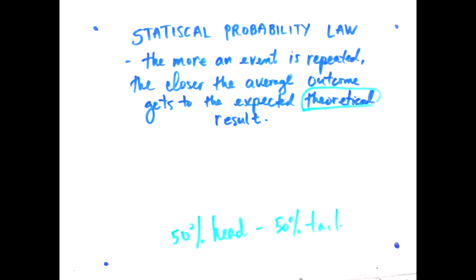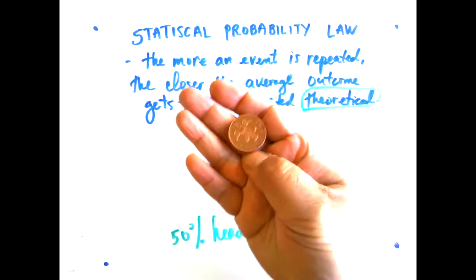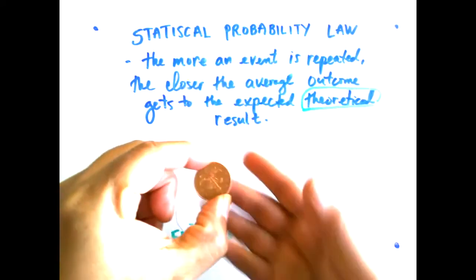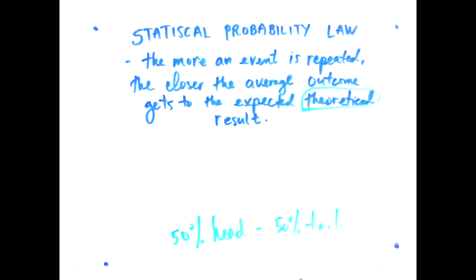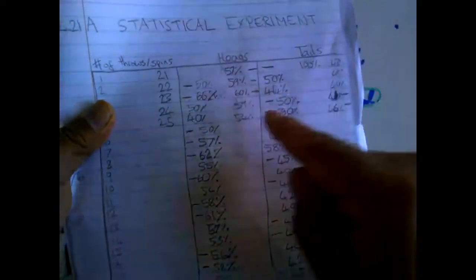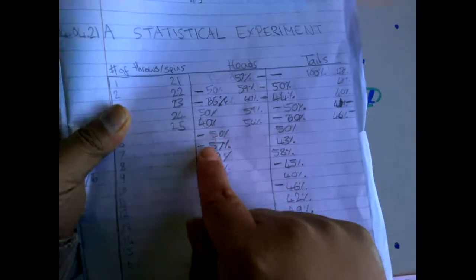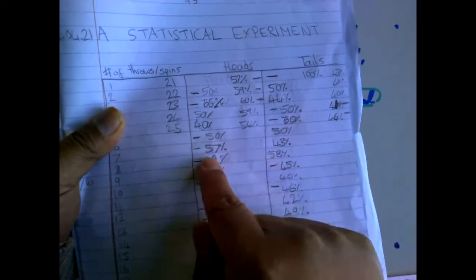But in reality, when you start playing this, you flip it and it's a tail, and you flip it again, it's a tail. Those two are consecutive tails. But if you look at the result through repetition, let's look at some of your classmates' work. You could see that the percentage goes to 57, 43, 62, like this.